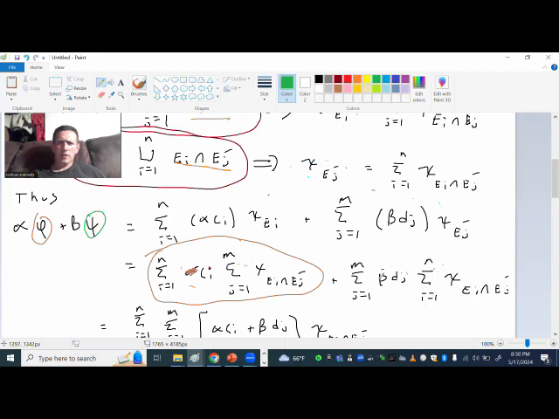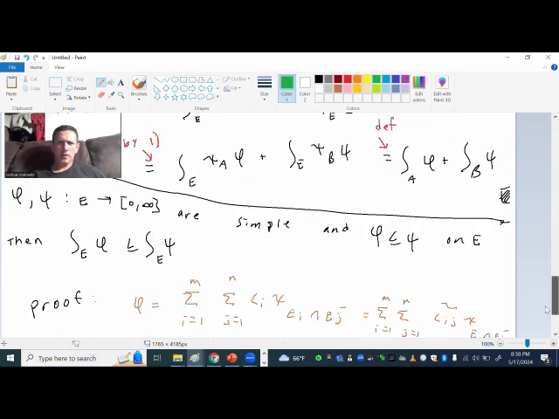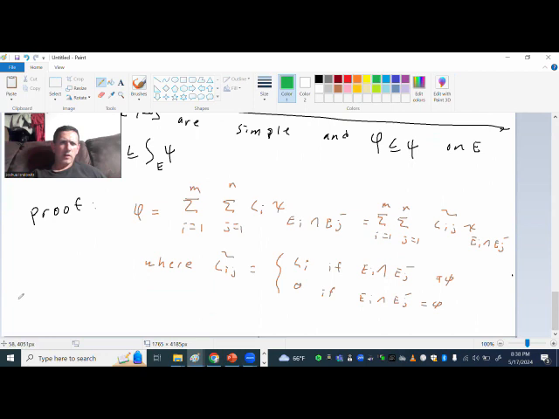Psi is going to be this sum here, same thing, j equals 1 to n, d_ij tilde times the characteristic function.